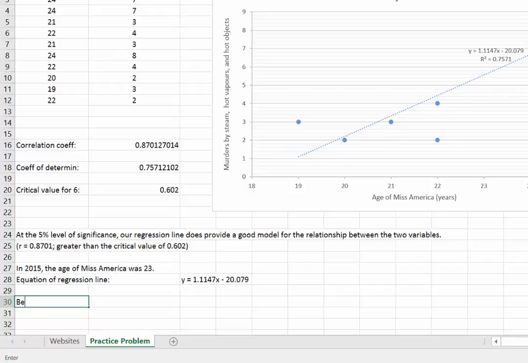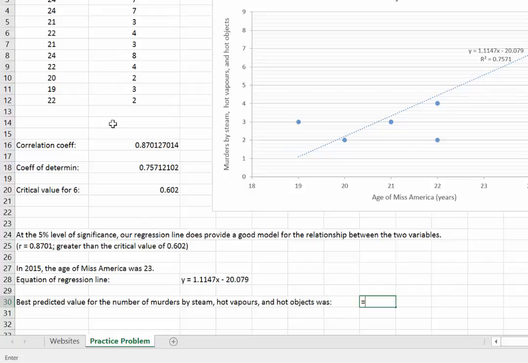So the best predicted value for the number of murders by steam, hot vapors, and hot objects was, and then I want you to use an Excel formula to calculate it.